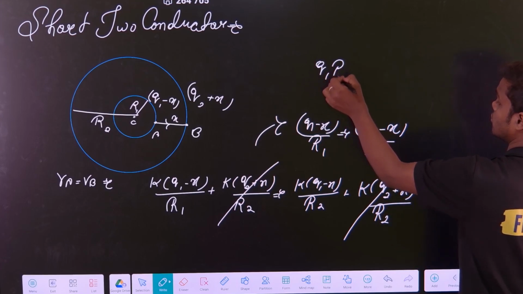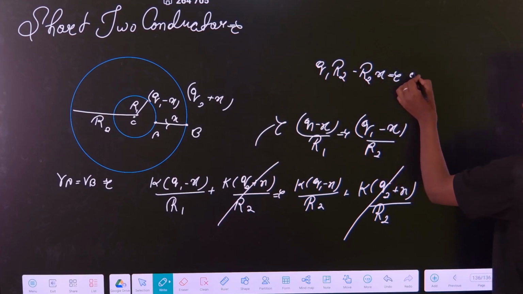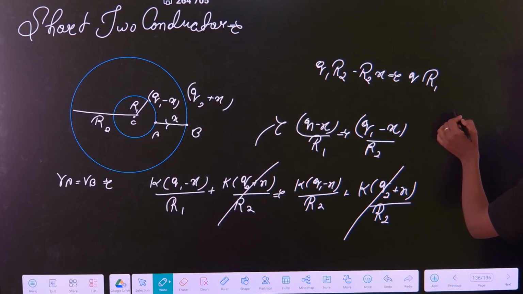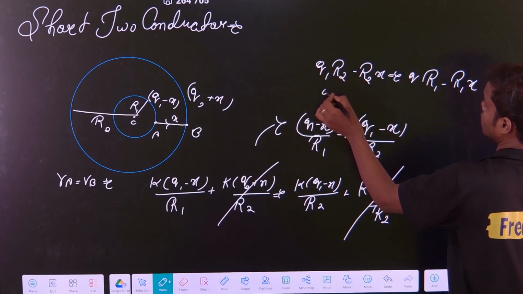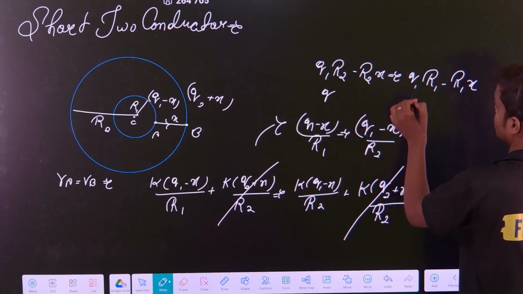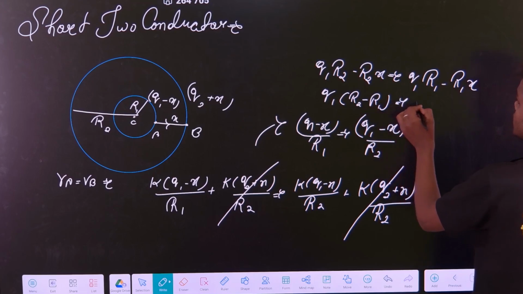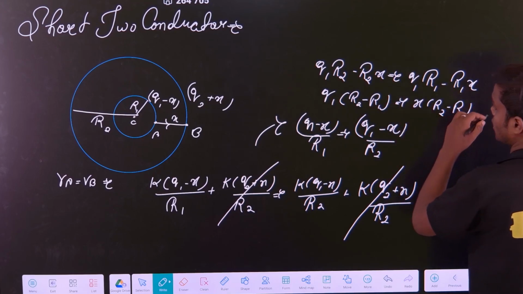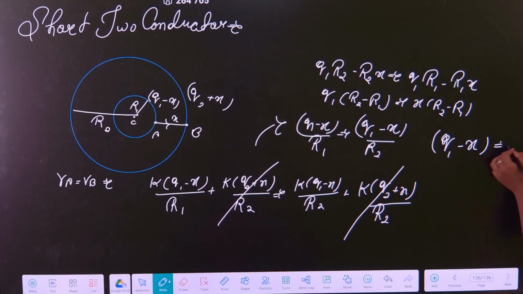You will get Q1 into R2 minus R2 into X is equal to Q1 into R1 minus R1 X. Basically from here, Q1 is also here, you can take R2 minus R1, and here also R2 minus R1. Okay, so I will take this side minus X and this will become equal to 0.